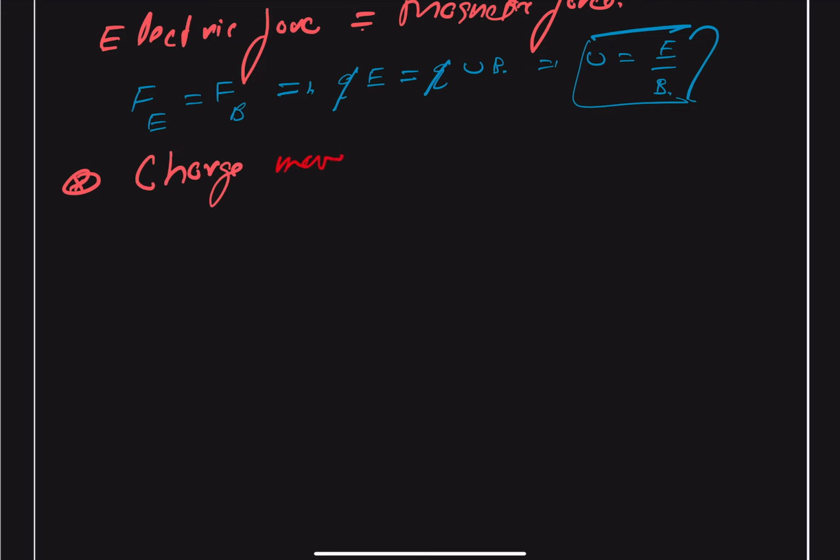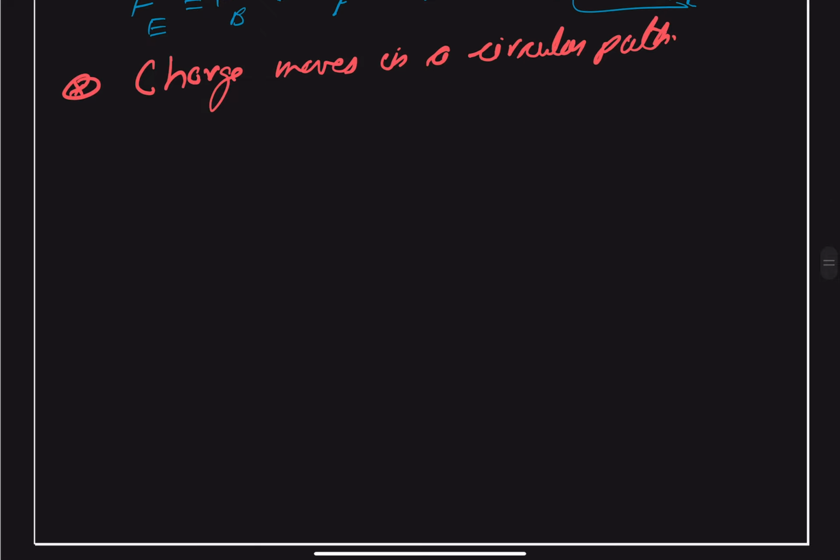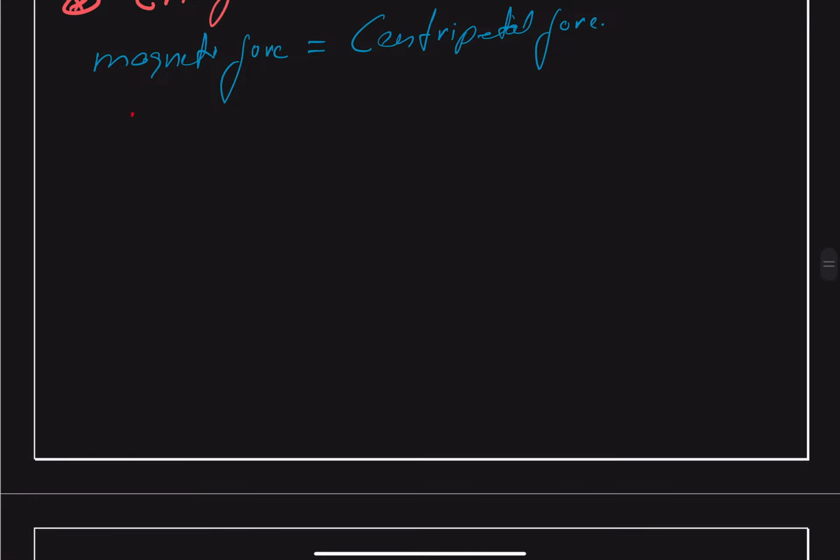Charge moves in a circular path, magnetic force is going to provide the centripetal force. Or we can say our QVB will be equal to m v square upon r.